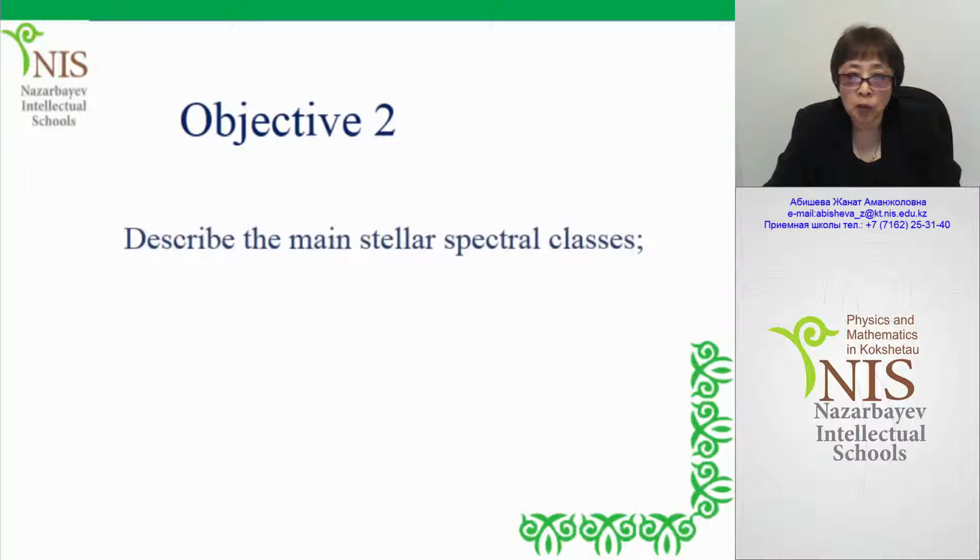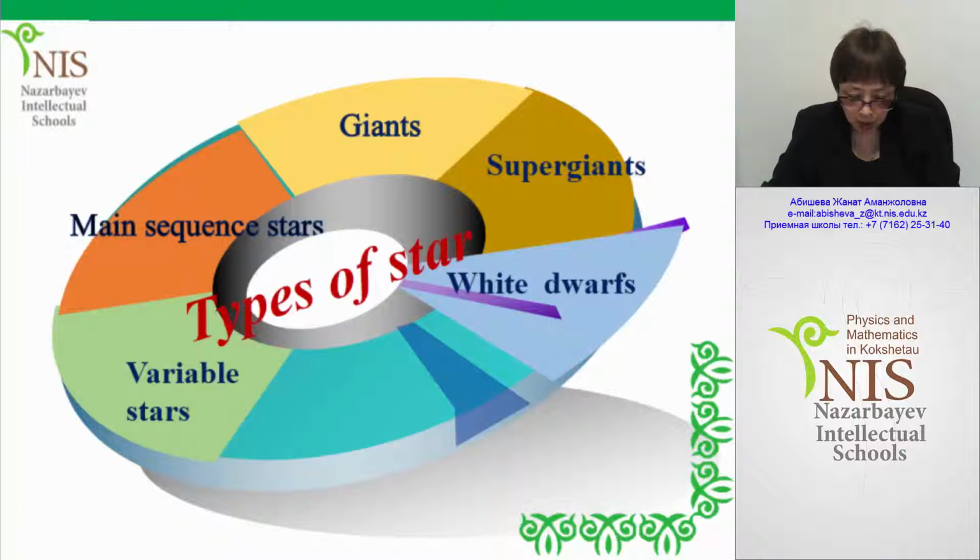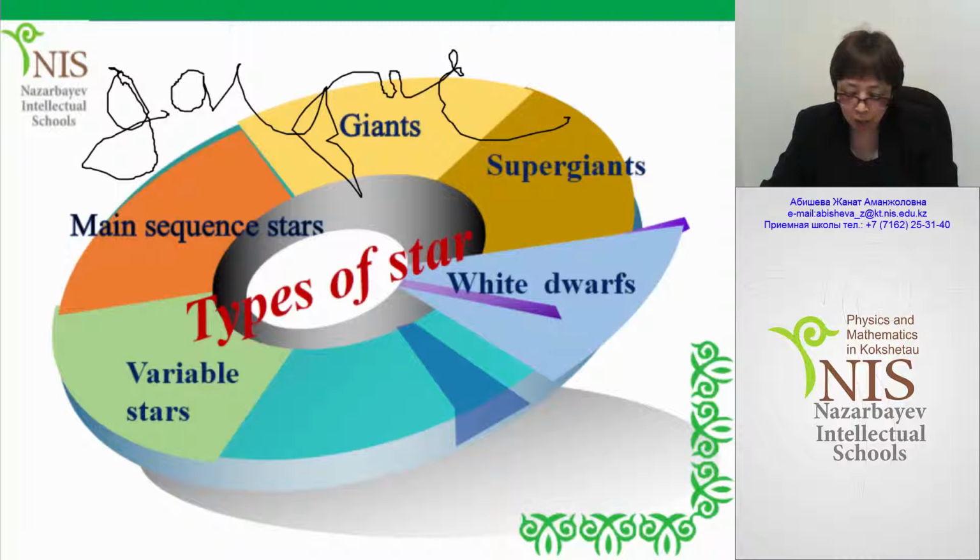Next objective of our lesson, objective 2. Describe the main stellar spectral classes. How bright is a star? Observing stars with the naked eye, we are only able to distinguish 6 different levels of stellar brightness. Astronomers have classified stars into groups according to their temperature. This is a useful property to use since stars with similar temperatures tend to share many other features.